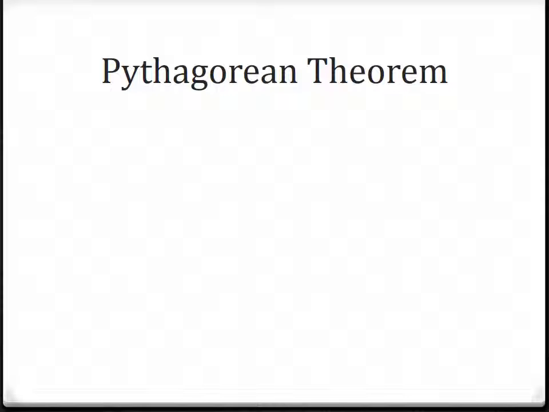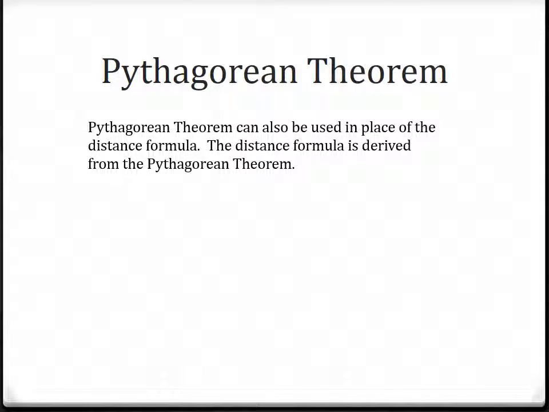Now, Pythagorean theorem, I'm sure you've heard of that. We'll use it again, especially when we get into right triangles. Actually, the distance formula is derived from the Pythagorean theorem. So it too can be used on a coordinate graph if you prefer. The formula for the Pythagorean theorem, remember, is the hypotenuse squared equals the sum of the legs squared.